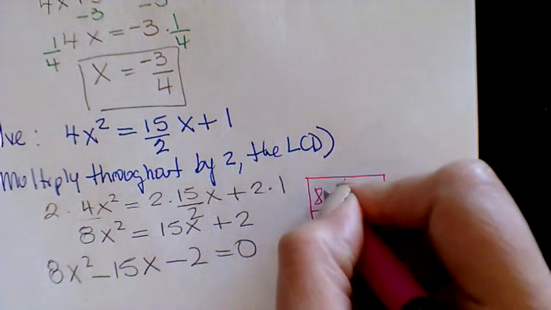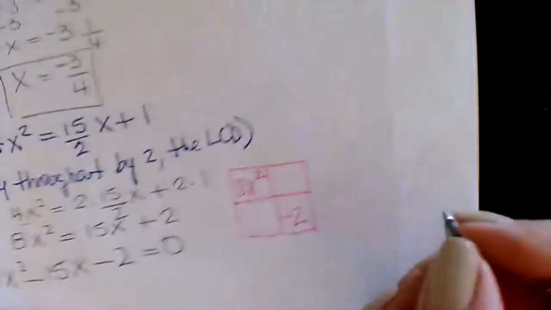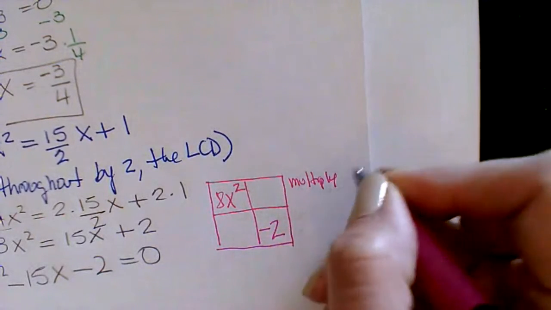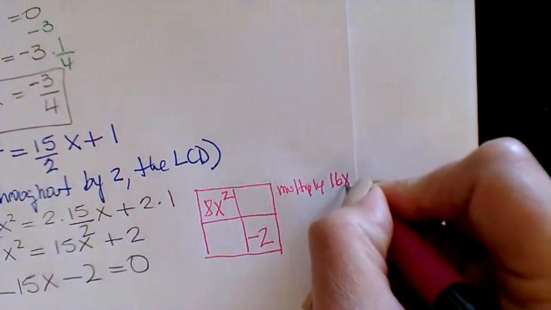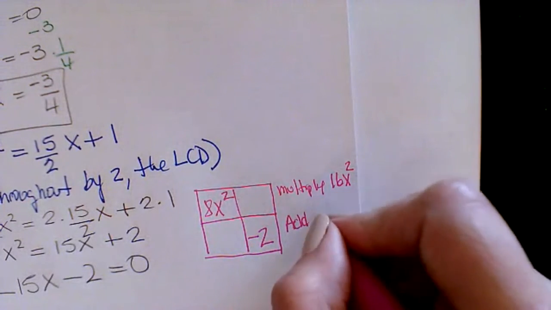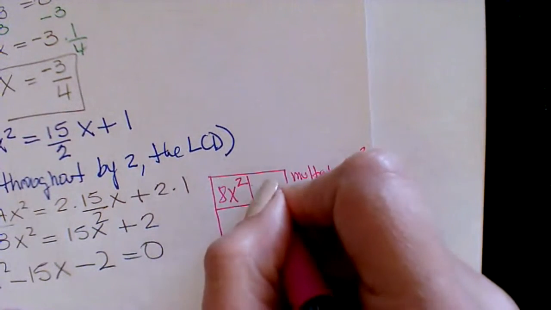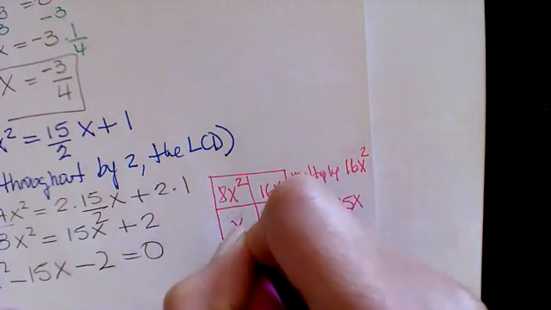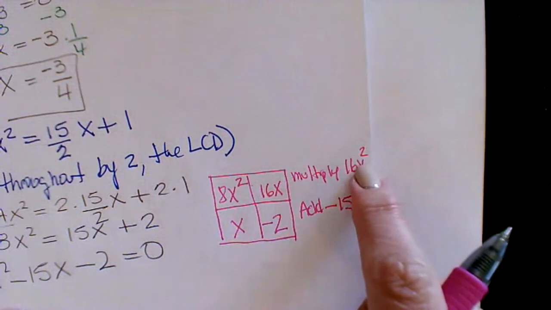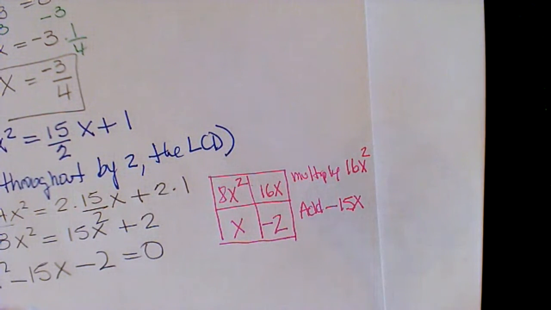Okay, the first term is going to go here, and the second one is going to go here. So what do we have? When we multiply, we're going to get 16x squared. And when we add, we're going to get negative 15x. And those two numbers are 16x and x. When I multiplied, I get 16x squared. So they both have to be what?